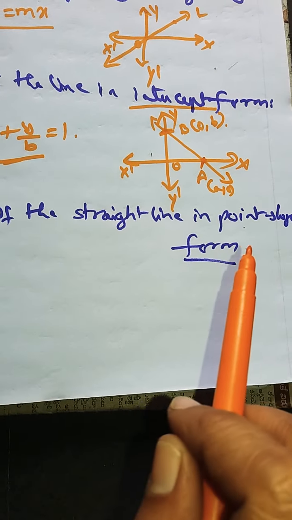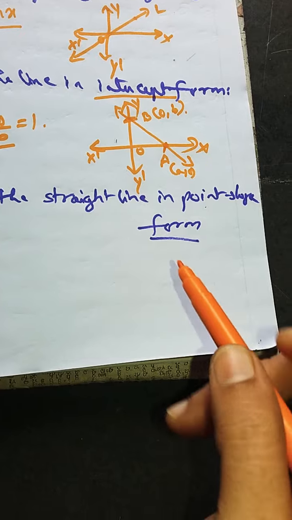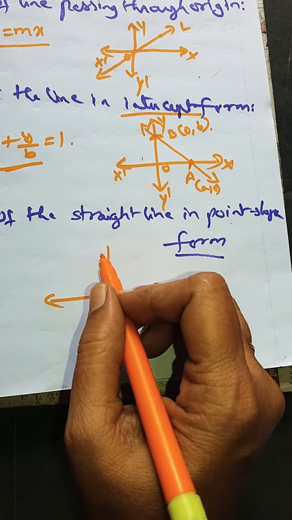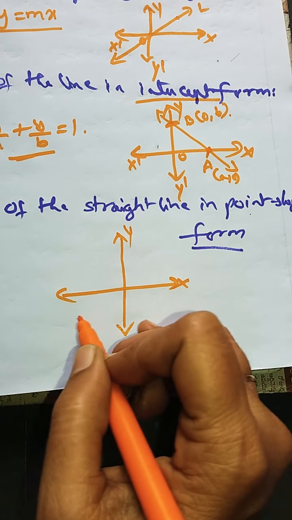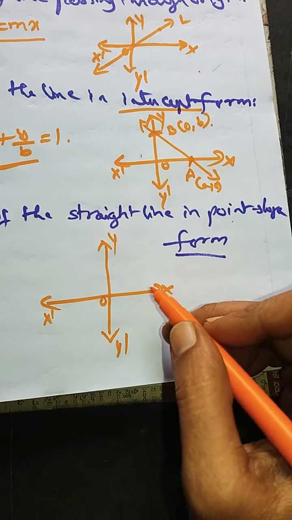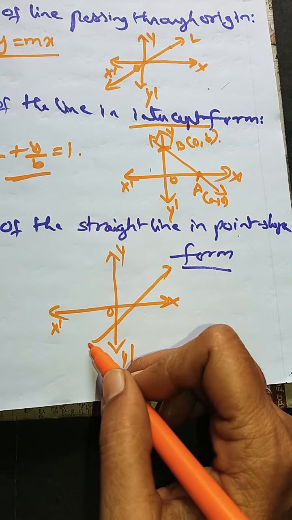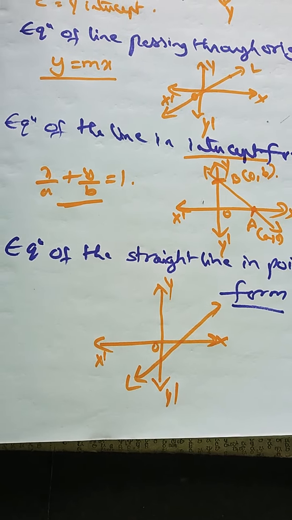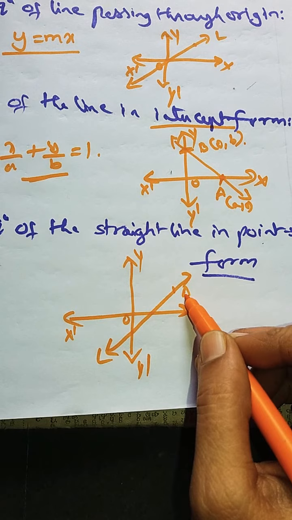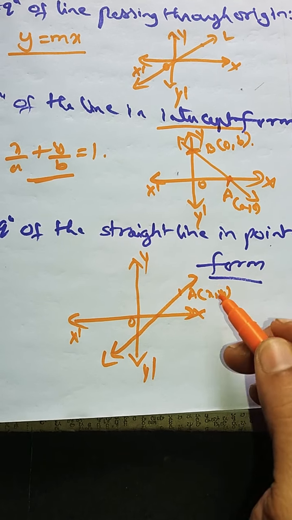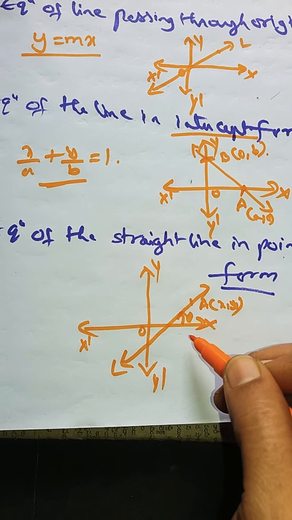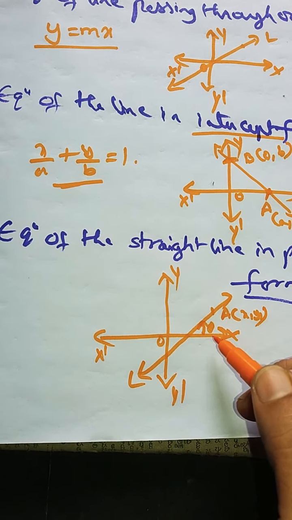Now the equation of the straight line in point slope form. Let us take a line L which intersects the x-axis and y-axis. Now let us take a point A (x1, y1), and the line makes an angle theta in the anticlockwise direction with the x-axis.